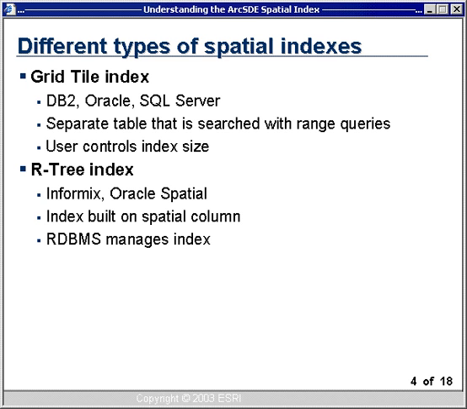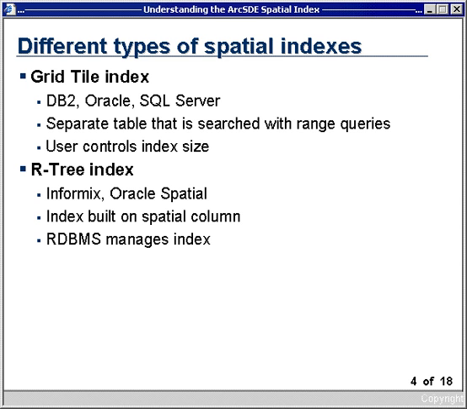In the same way that your street map index has a grid over top of it, and you go to individual grid squares to look for your streets, the same thing happens with the grid tile index. You, as the user who loads or creates your data, control the size of those index tiles.